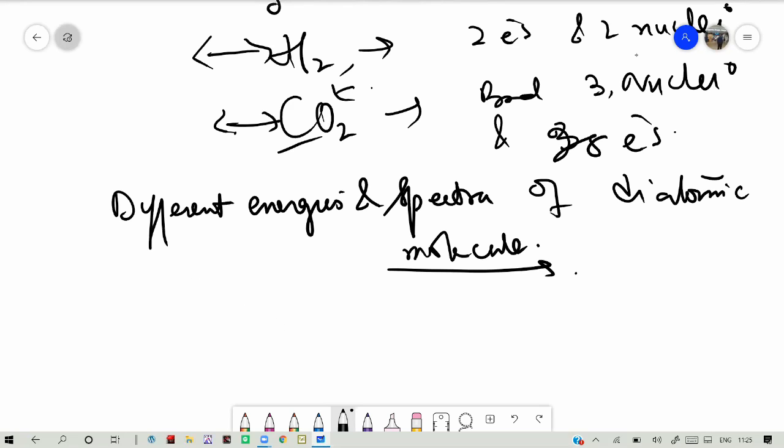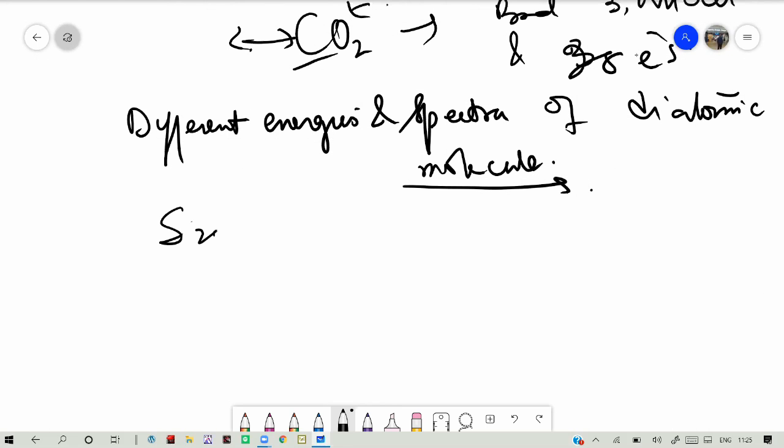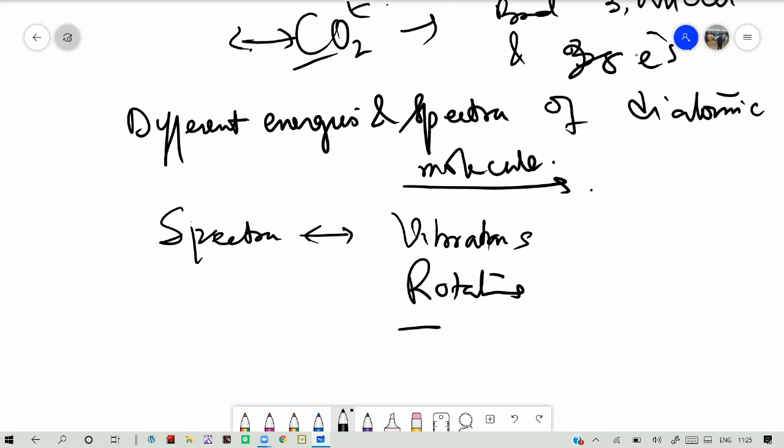So we will take a case of this diatomic molecule, and we will also study the spectra as a result of vibration, rotations, and electronic states: electronic energies, vibrational energy or rotational energy.